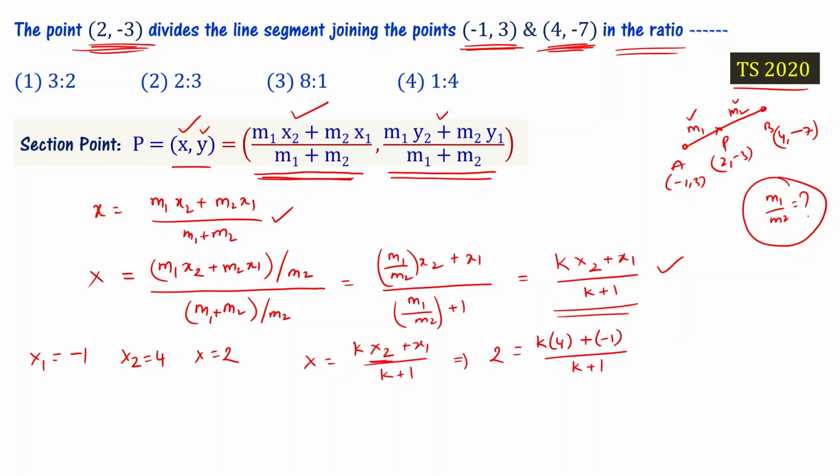So this can be written now as 2 equal to (4k minus 1) divided by (k plus 1). This can be written as 2 times (k plus 1) equal to 4k minus 1, right? So this can be written as 2k plus 2 equal to 4k minus 1.